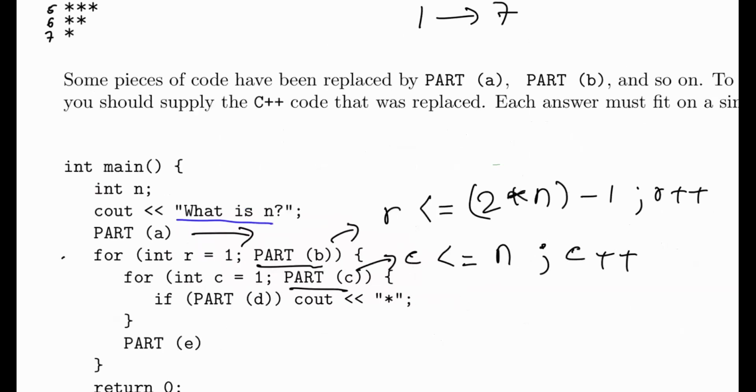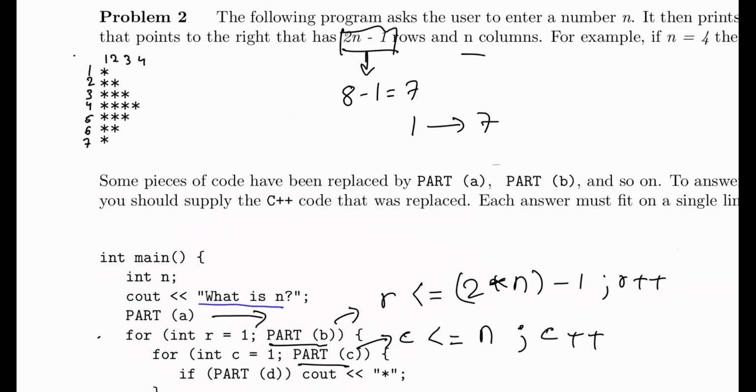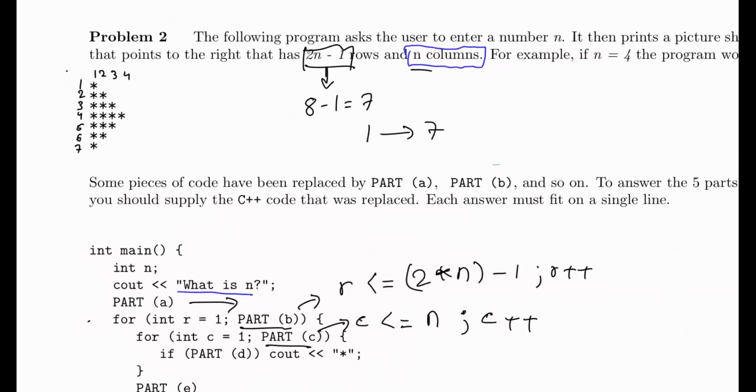I get it from the loop: I need to loop from column 1 to column n. In the picture, if n is 4, it loops through 1 to 4; if n is 5, it loops through 1 to 5.